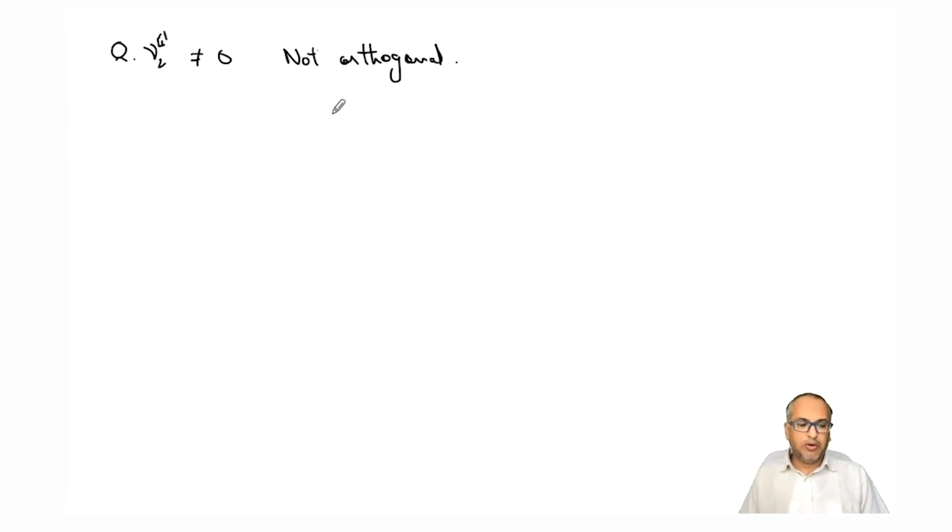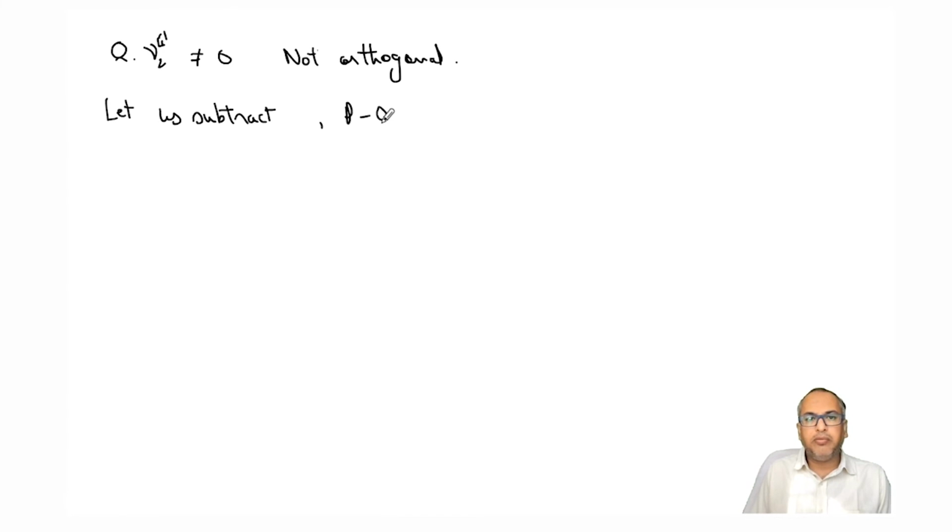Okay, so now what do I do? Let us do hit and trial. Let us subtract, P minus Q, and what do we get here? We will get, after normalization, 1 over root 2 times delta R3 minus delta R2.